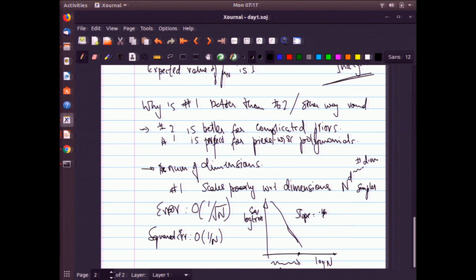Okay, so the interesting thing is this is called the convergence rate of the estimator mu n.